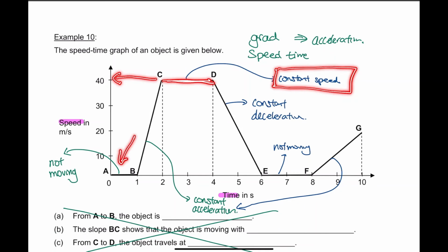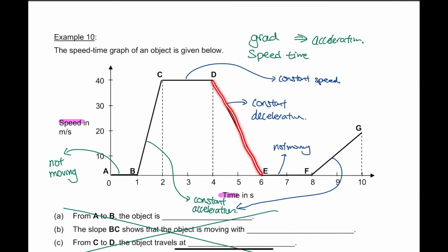As compared to this portion down here whereby it is not moving. Line DE down here is pointing downwards. The gradient is negative. So as we know that the gradient of a speed time graph is acceleration, the acceleration down here is negative. And negative of negative acceleration, it tells me that there is constant deceleration.